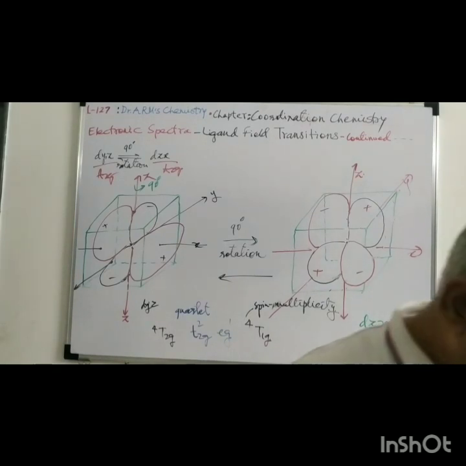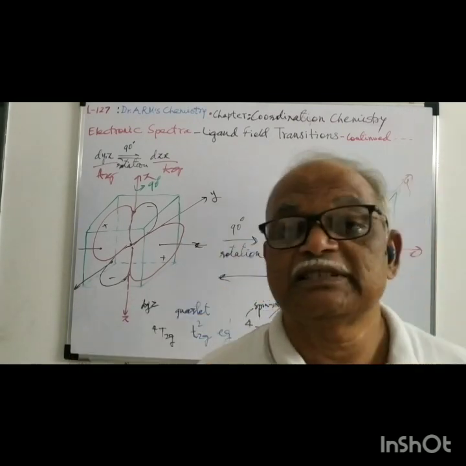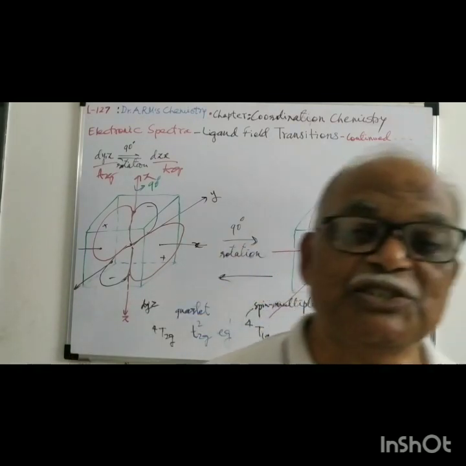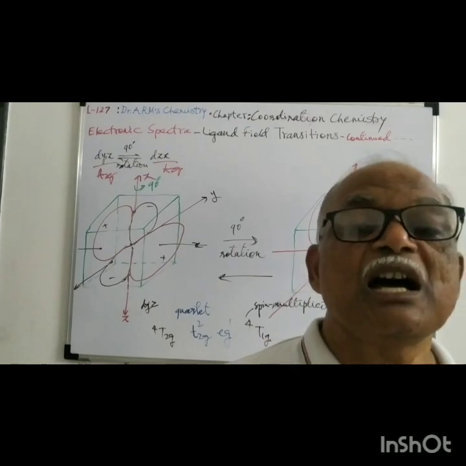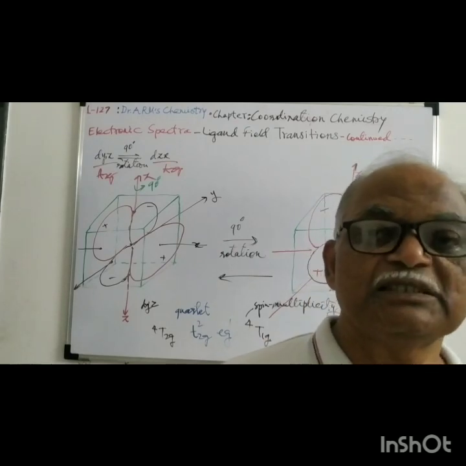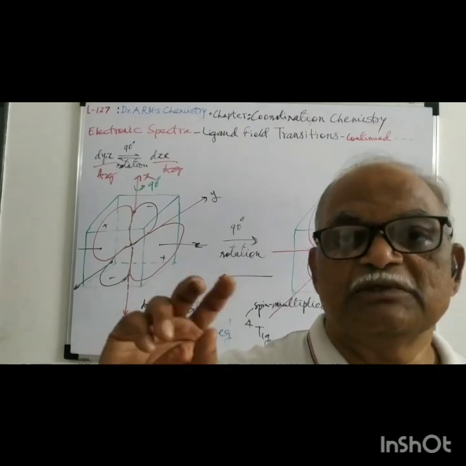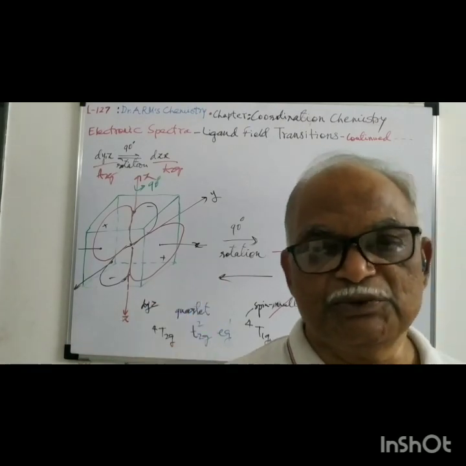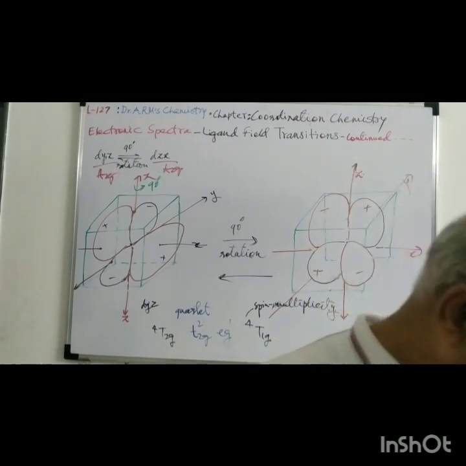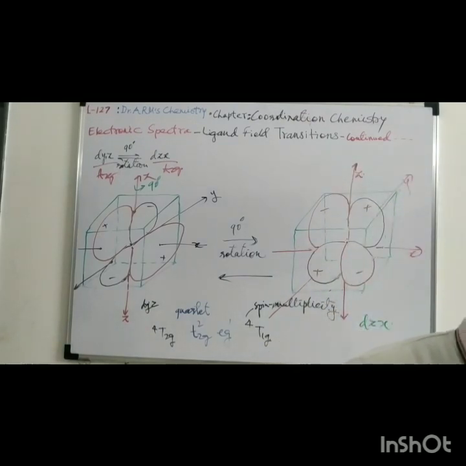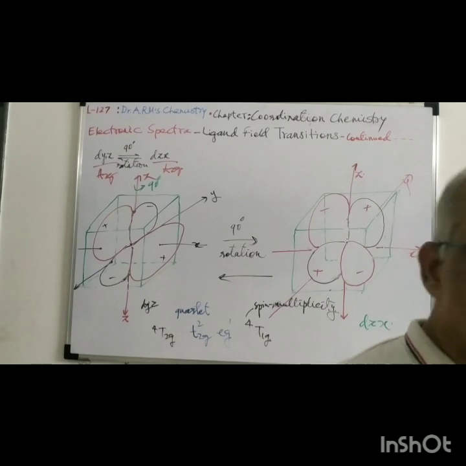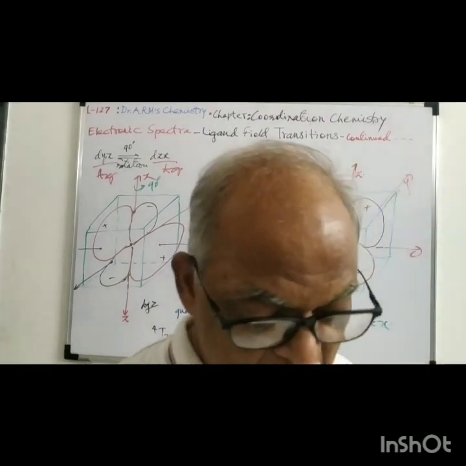So the transitions which take place within the same parity, that is g to g or u to u, are spin forbidden, whereas the transitions which take place between g and u are allowed. So in this way, the transitions can be considered here.